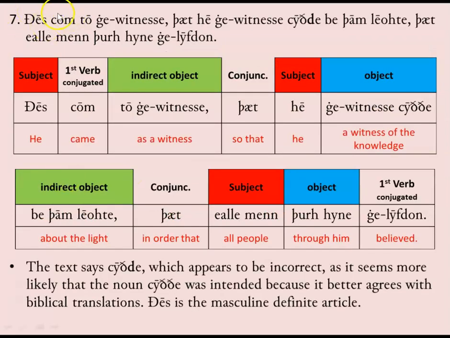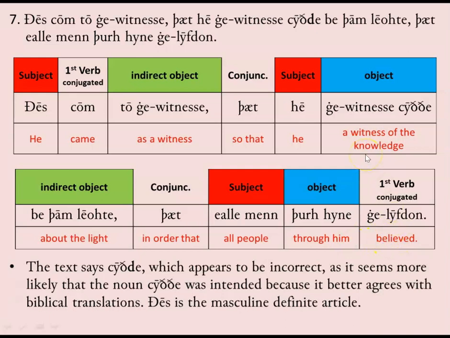All right, next bit. Verse 7. Thais kom to your witnesser, that he your witnesser kude betham lechte, that ele men thurach huna yeluvdon. He came as a witness so that he, a witness of the knowledge about the light, in order that all people through him may believe, or believed. Okay, this is past tense here, so interpreted best as believed, so that all people through him believed.